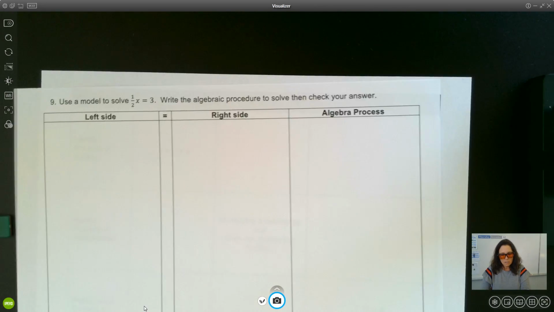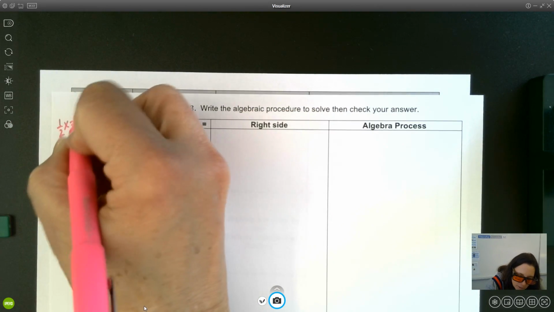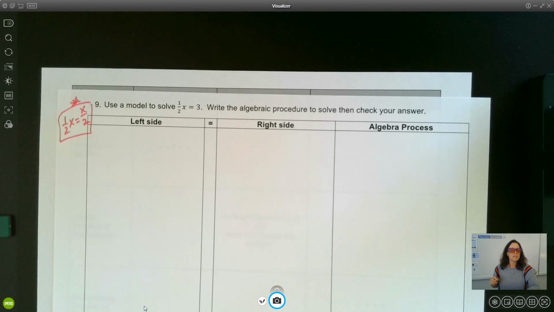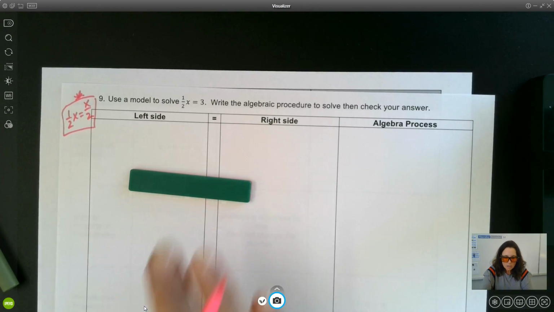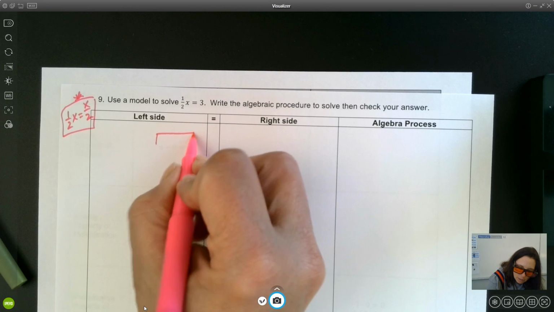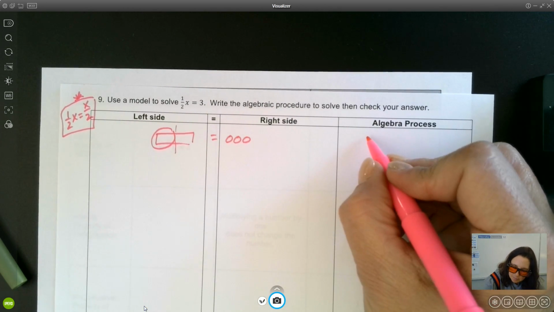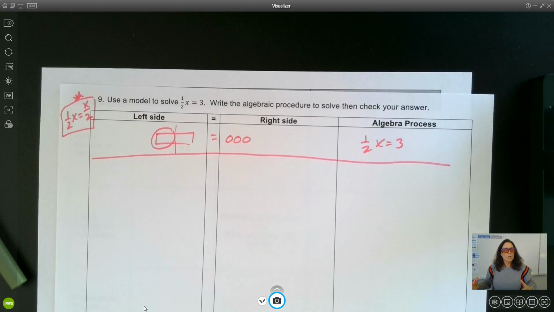So again, this 1/2 x, it's very important to understand that these mean the same thing. 1/2 x equals x over 2. You can't take this little dealy-mabob and break it. So the way that we show that on paper is by this. What do I need to do to get a full x?